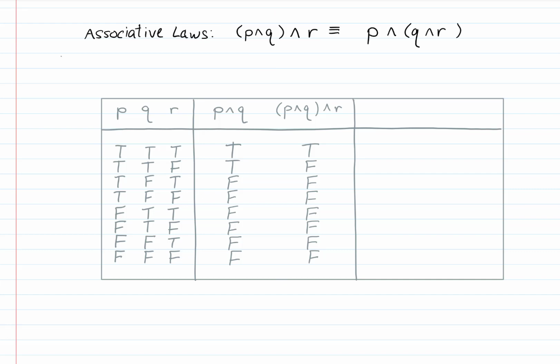Now, let's just add on to the same truth table and add in that statement form. Okay? So I want to make a column for Q and R, and then I'll make a column for P and that previous one.